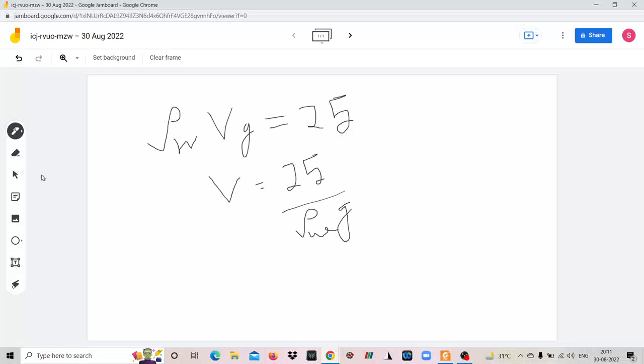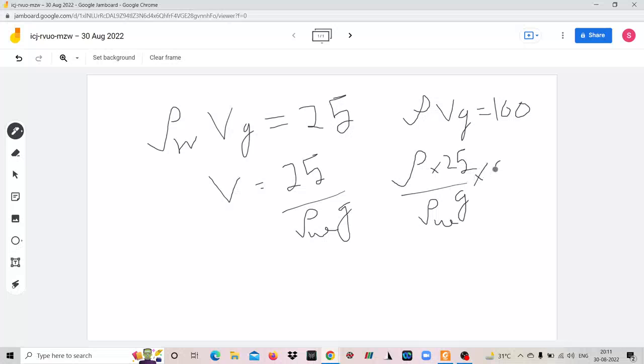Now rho V g is equal to 100. So rho in terms of V, we can write, into 25 divided by rho W into G multiplied with g, which is equal to 100. Clear?